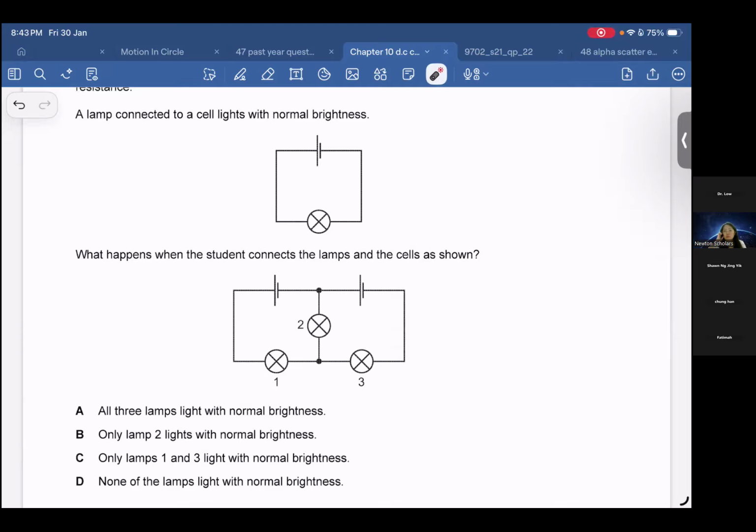Current for both travels through lamp 2, so lamp 2 is double brightness. Current of lamp 1 only travels through lamp 1 and lamp 3, so normal brightness. Okay, try, dear.